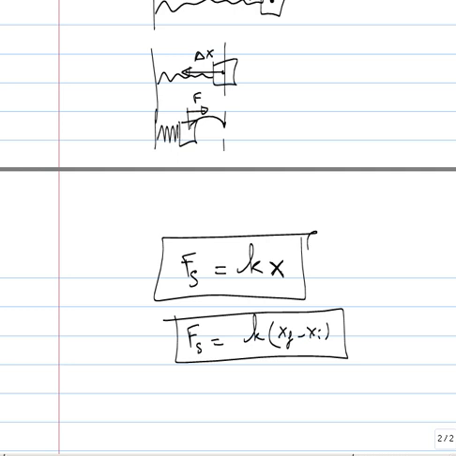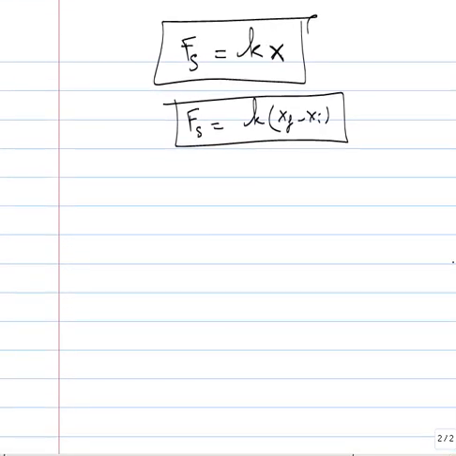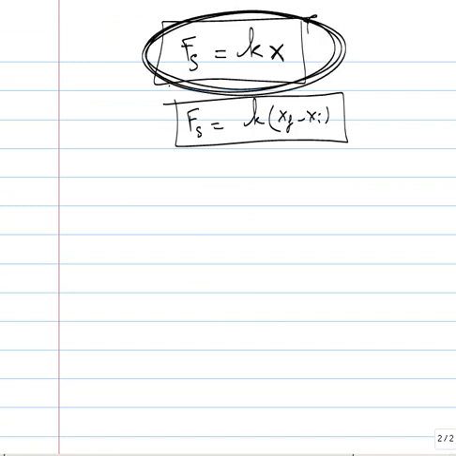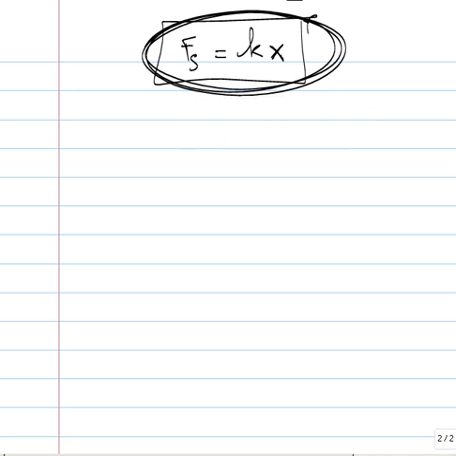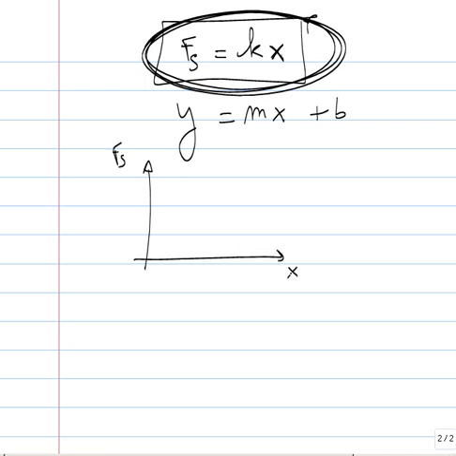Okay, let's graph this. We know that this is the magnitude version of our spring force. This, hopefully to you, but at least to me, looks like a nice line equation. So instead of plotting y versus x, I'm going to plot Fs versus x, or delta x.